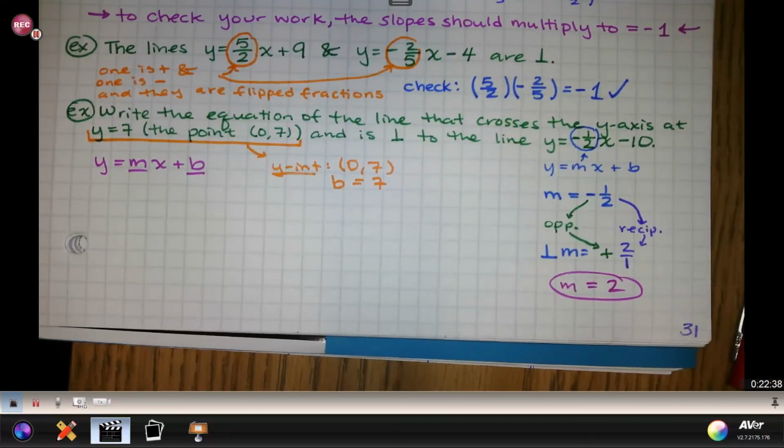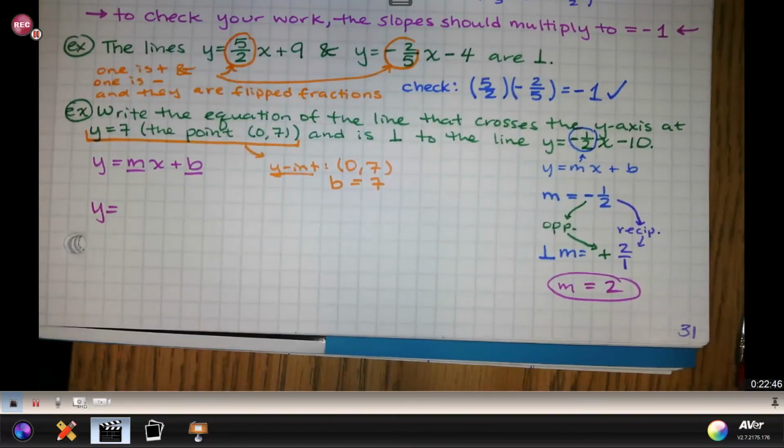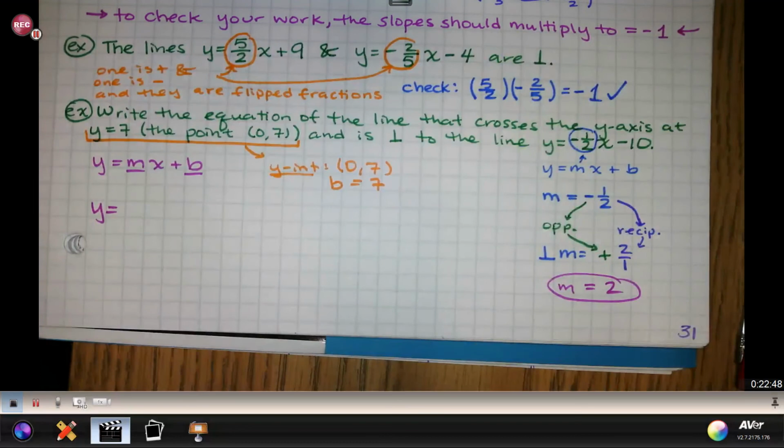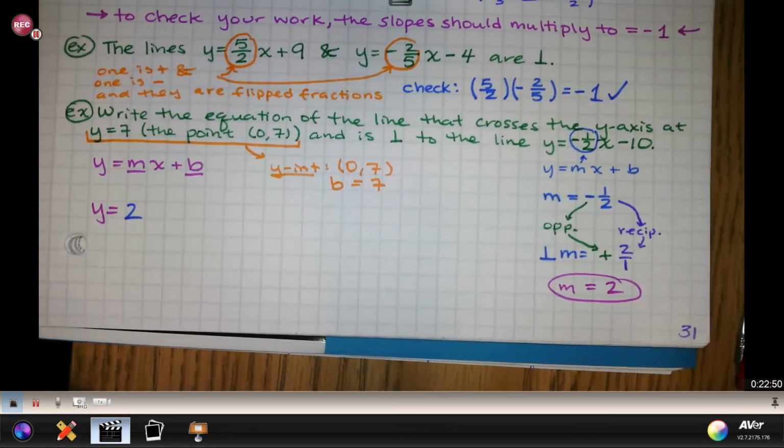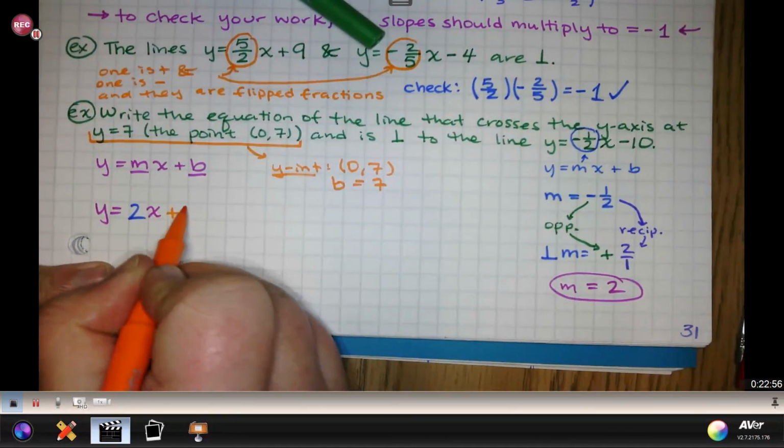So I'm going to come over here, and I have y equals, my m, or my slope, is 2x, and then because this is a positive 7, it's plus 7.